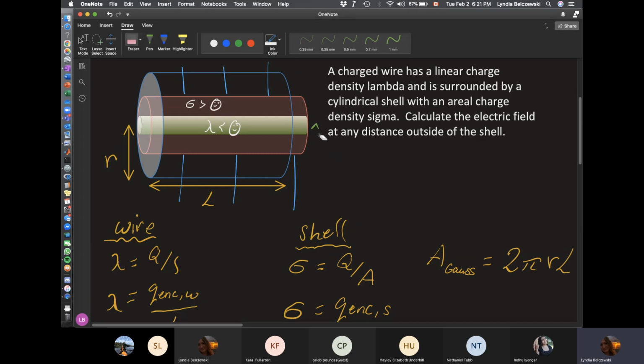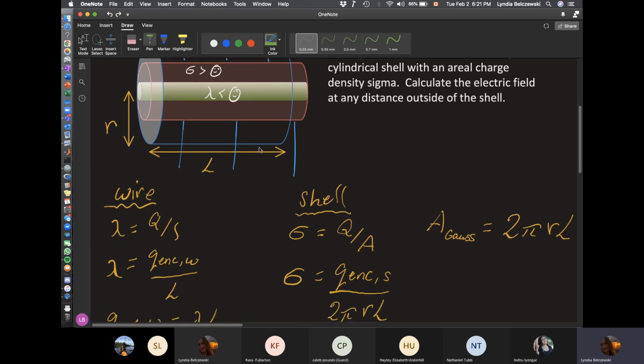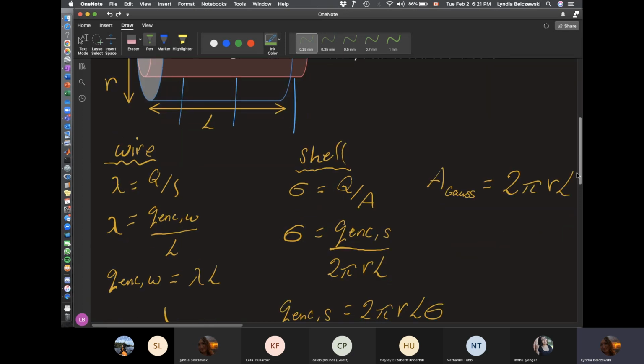So we have our charge enclosed. Well, let's actually write out Gauss's law to see how exactly we're going to use this.